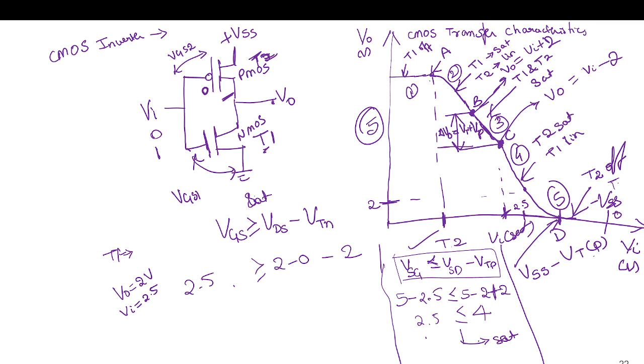I think now it is correct. The same way for this, the gate is at 2.5 minus source is 0, greater than or equal to VD, drain is at 2 volt minus source is at 0 minus VTN is 2. So 2 minus 2 is 0.